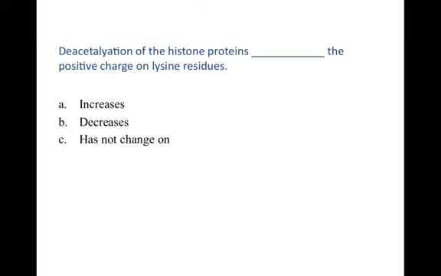Consequently, deacetylation of a histone will increase the positive charge on lysine residues, increasing the binding between histones and DNA. The correct answer here is A, increase. If this is unclear, you should review different modifications to histone proteins. Acetylation and methylation are critical.